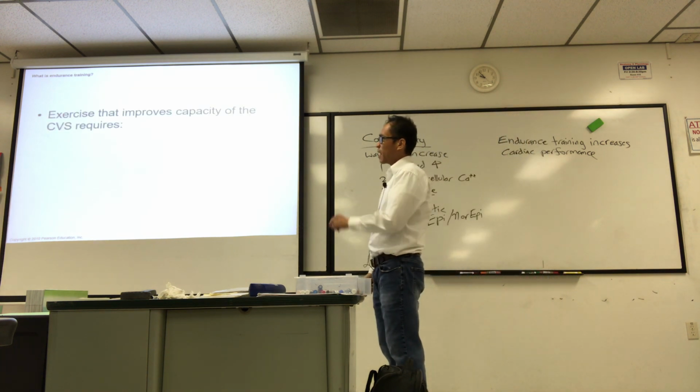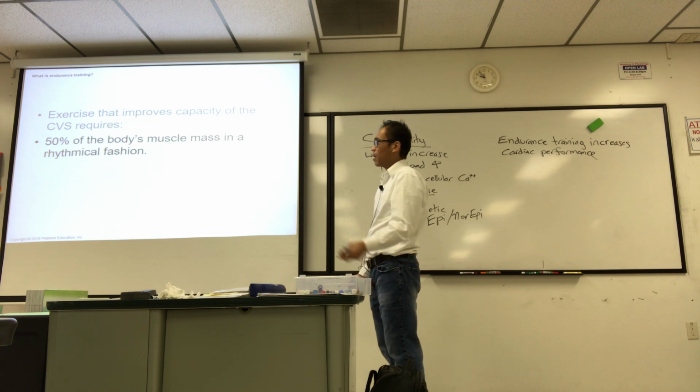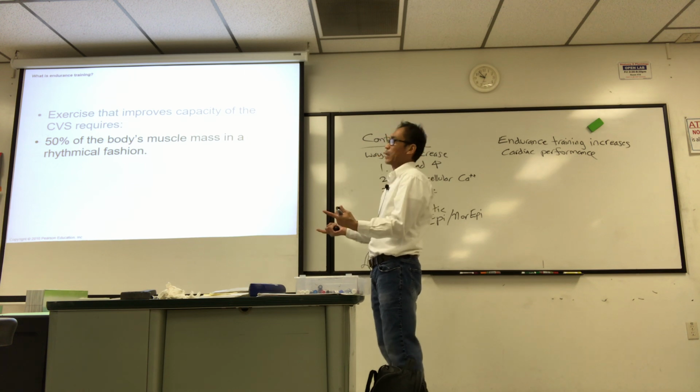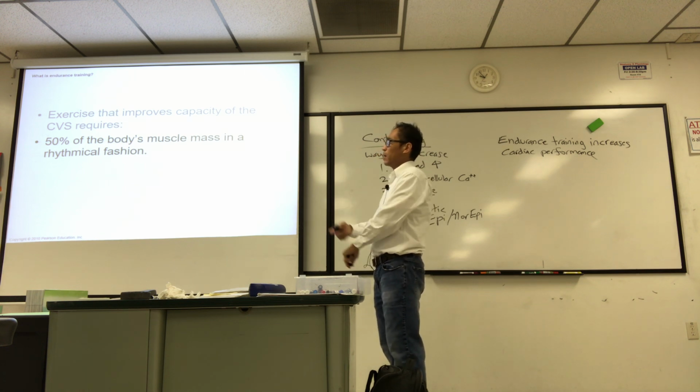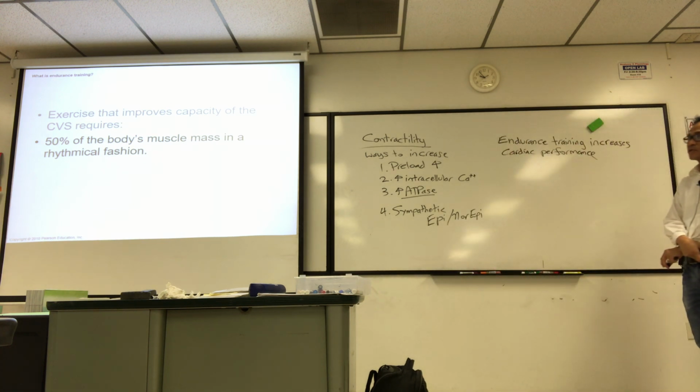So exercise that improves the cardiovascular system requires a few basic things. You got to use the big muscle groups. And exercise is technically, you're using those muscles in a rhythmic fashion for a certain period of time.